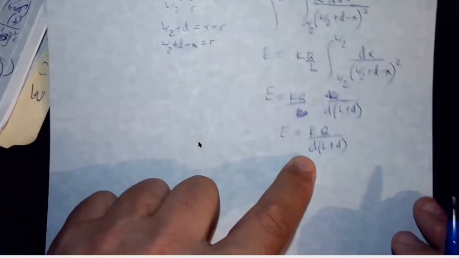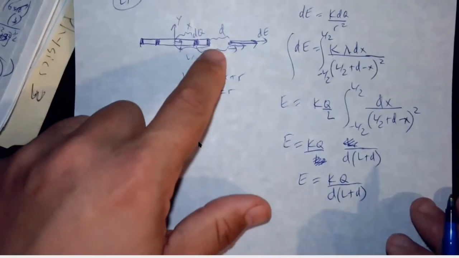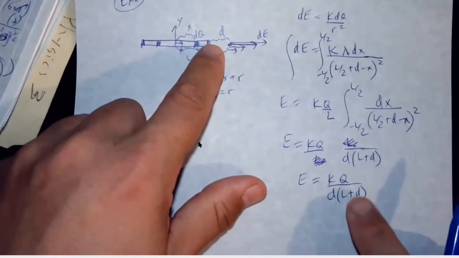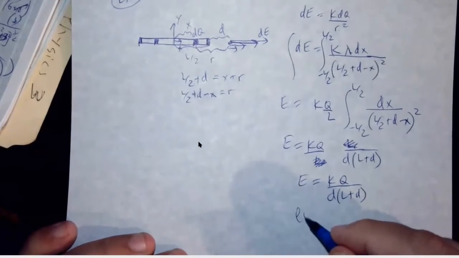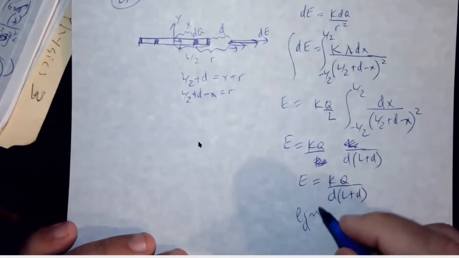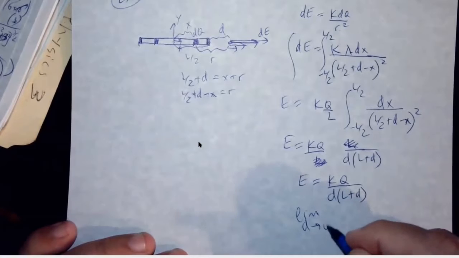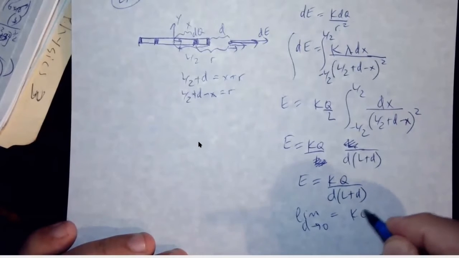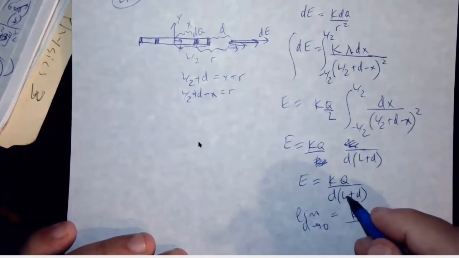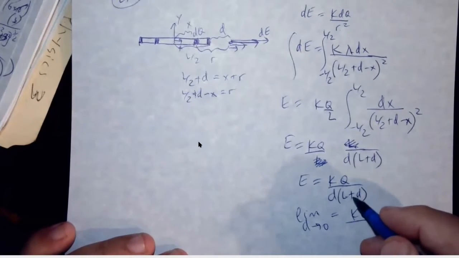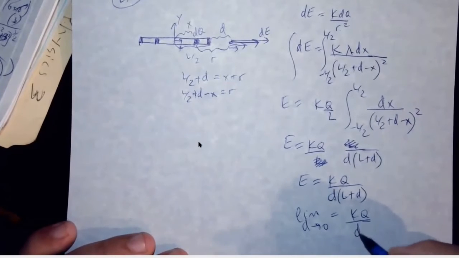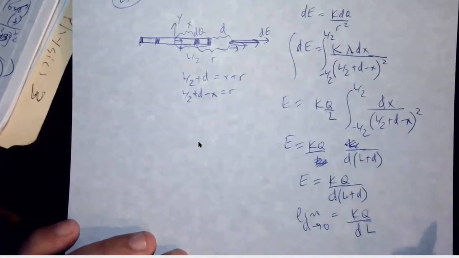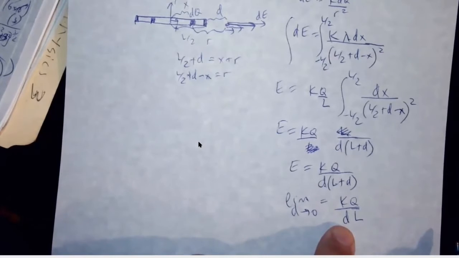Okay, now what are the limits of that? If I'm close to the rod, when D is small, what's the behavior? Limit as D goes to 0. Remember, when D is being added to something and it's small, then you could ignore D. Then you just have left this D and then L. Oh, it's again linear.